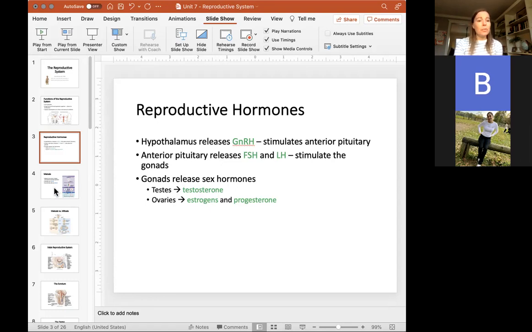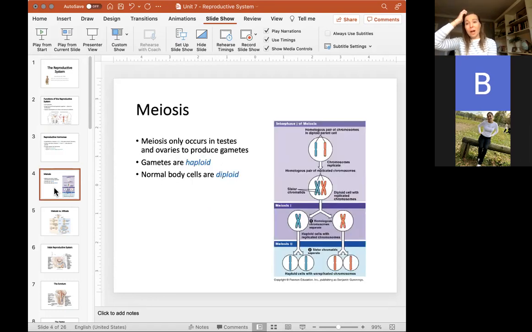Okay, and then one other commonality between males and females is that they both use meiosis, which is a form of cell division, to produce the gametes. You do have a definition for meiosis in your study outline. It is a type of cell division that occurs only in the gonads, and it results in the production of cells that are haploid.